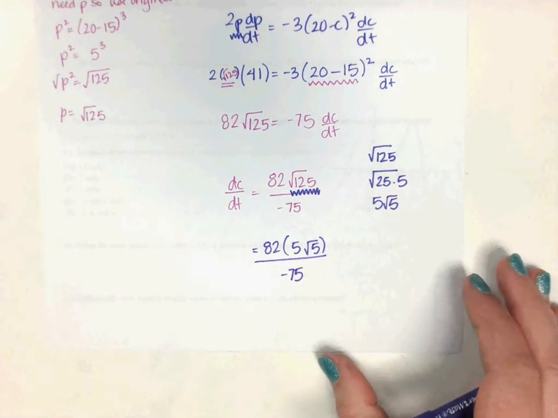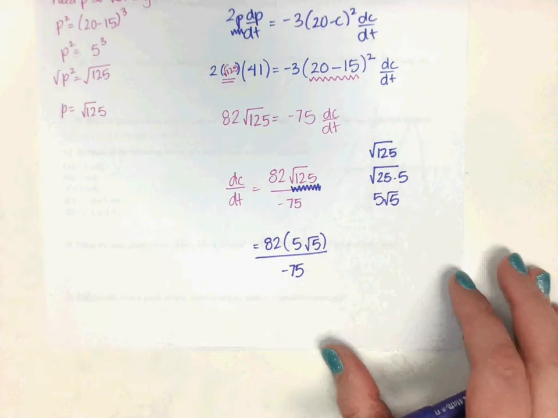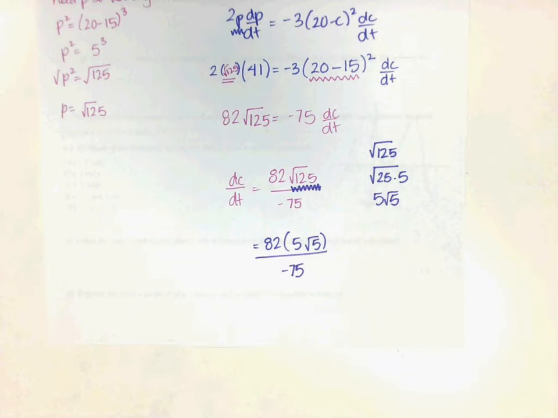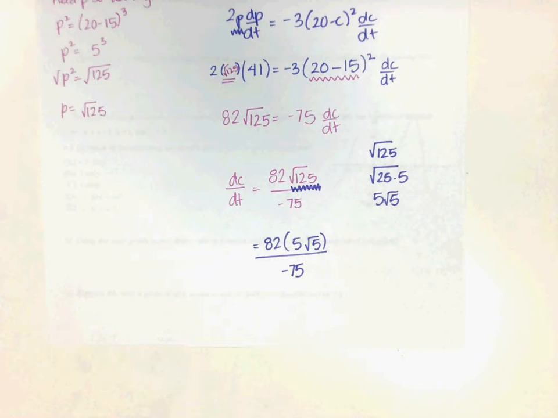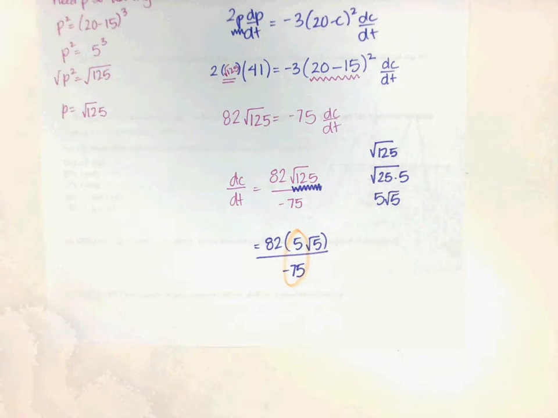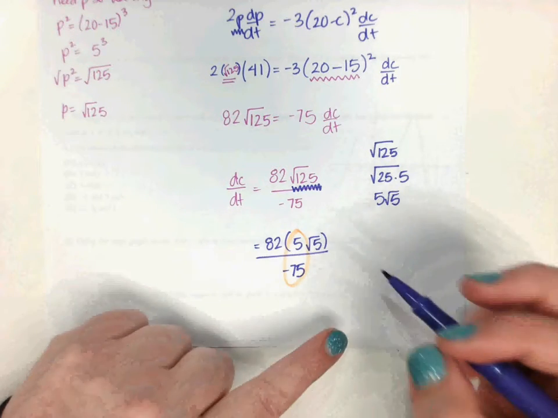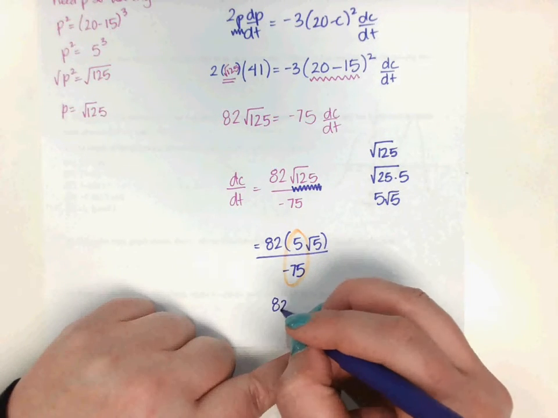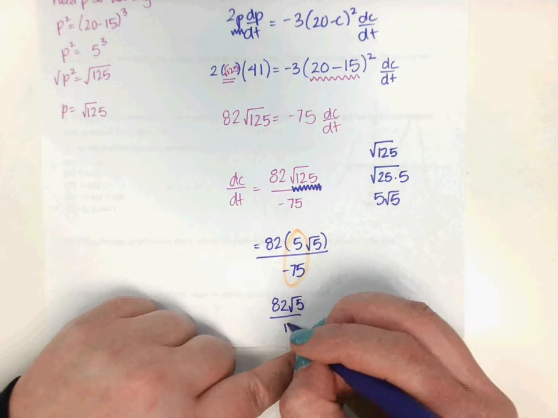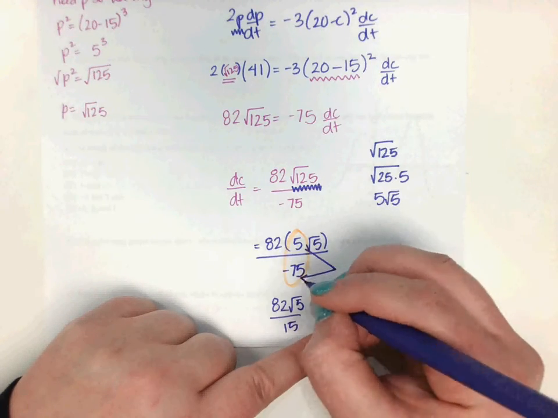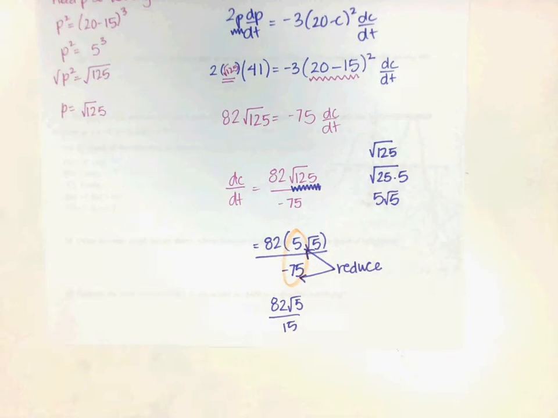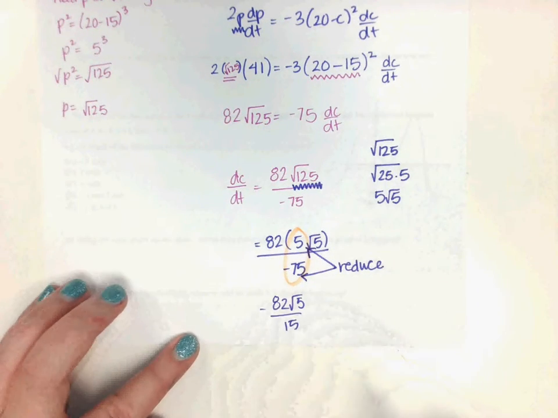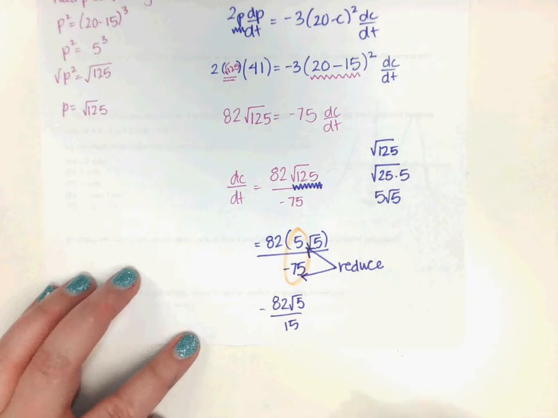And now you should be able to pick your answer after reducing. 5 and 75 can reduce to a 1 over, what would that reduce to? 15, yeah. So I can reduce that to be negative 82 root 5 over 15. Oh, and then negative, thank you. So that would be answer choice D.